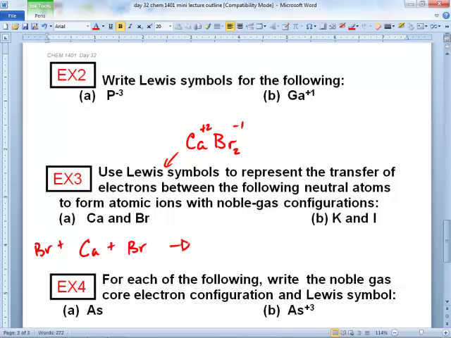For each of the following, write the noble gas core electron configuration and the Lewis symbol. So write the noble gas core electron configuration and the Lewis symbol for arsenic, then for arsenic plus 3.